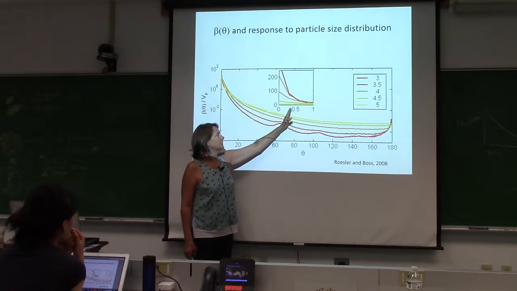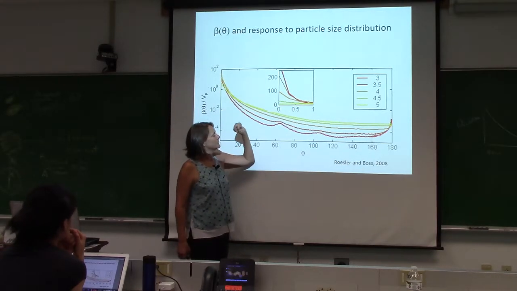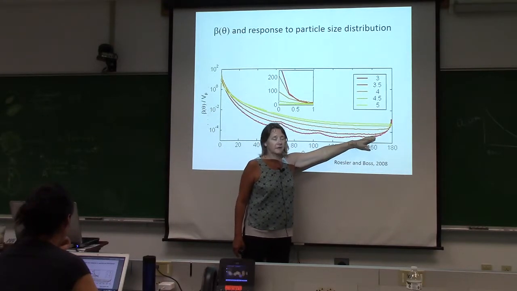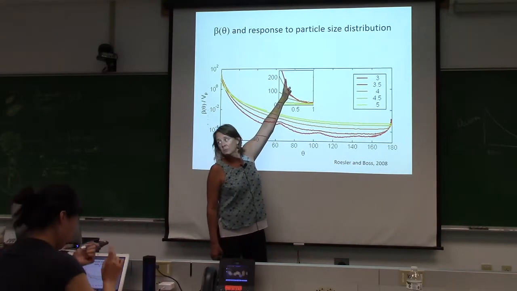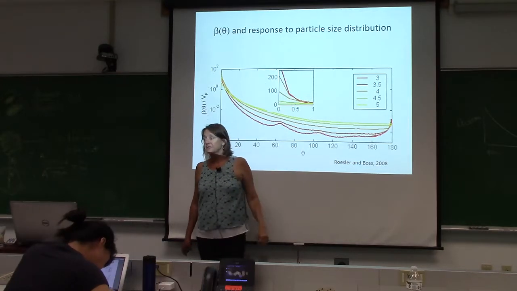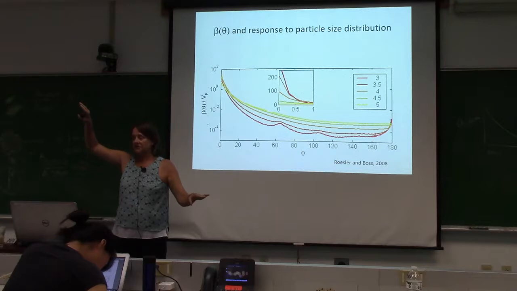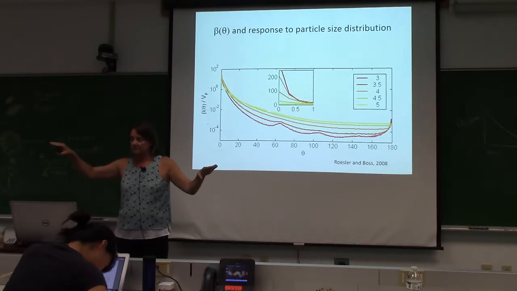So this is on a linear scale. I've blown this up. Large particles have less backscattering but more forward scatter. It reverses. So they have a steeper volume scattering function than do smaller particles.